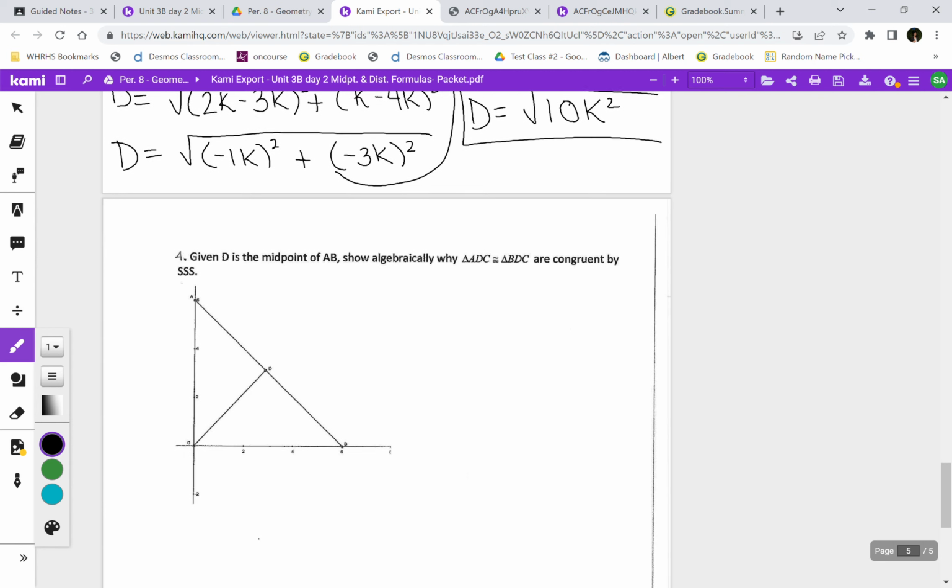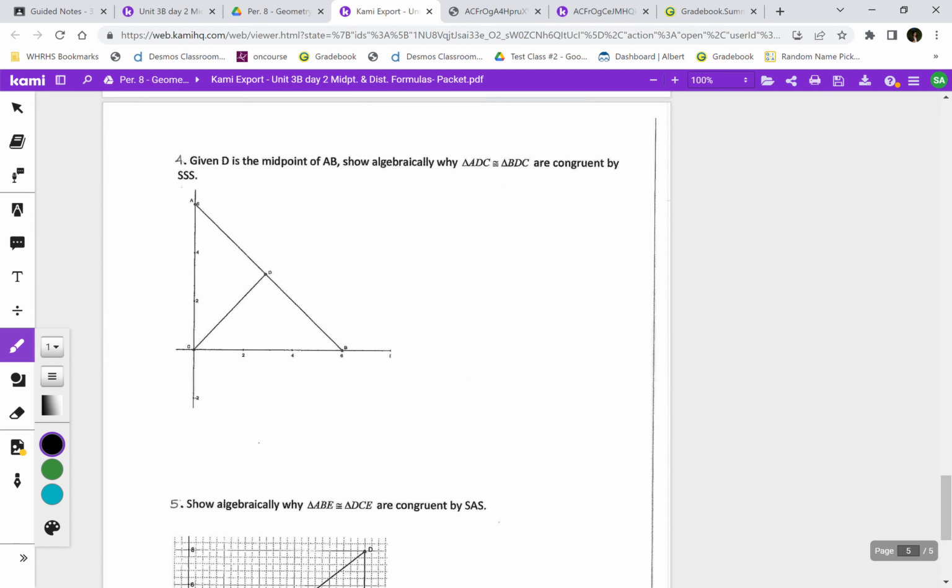Okay, so this is bringing some geometry into things now. Given D is the midpoint of AB, show algebraically why triangle ADC is congruent to triangle BDC by side, side, side.